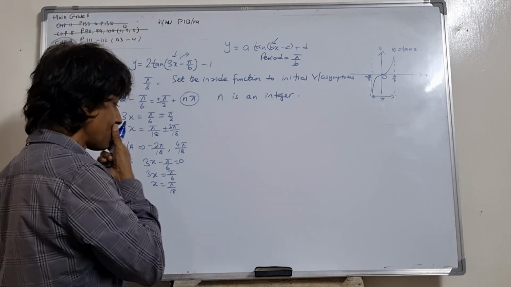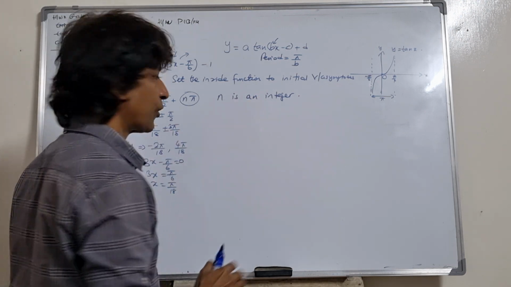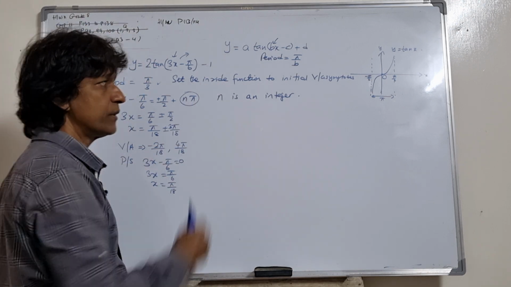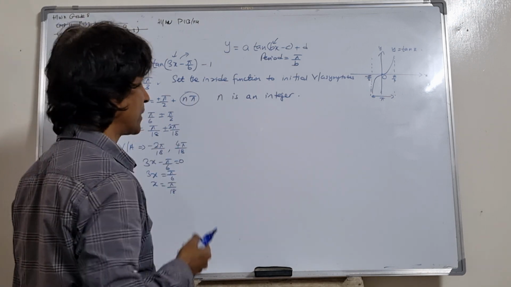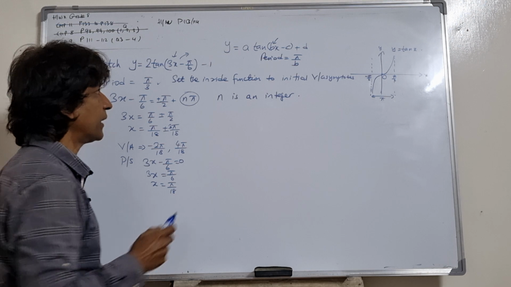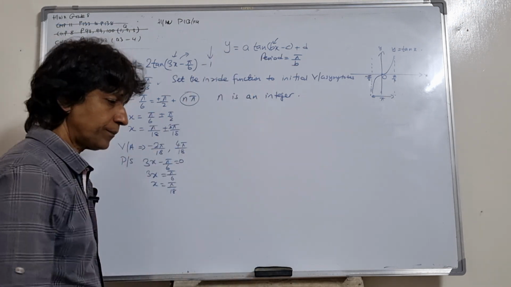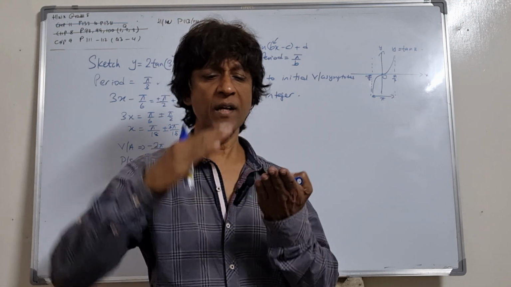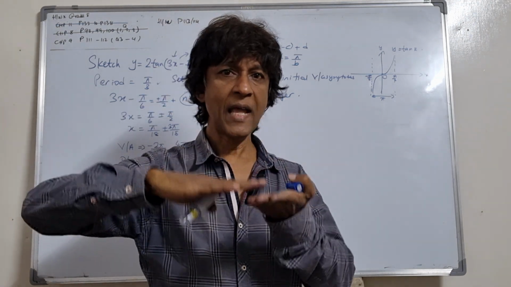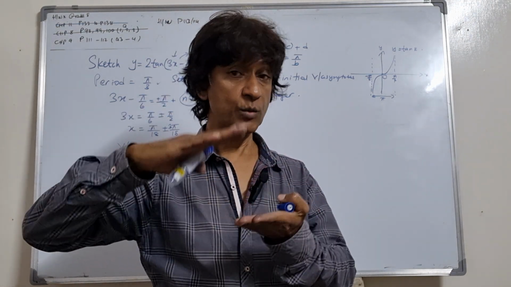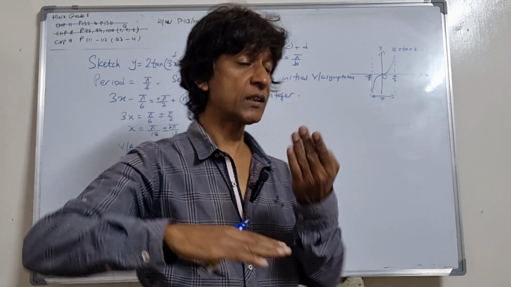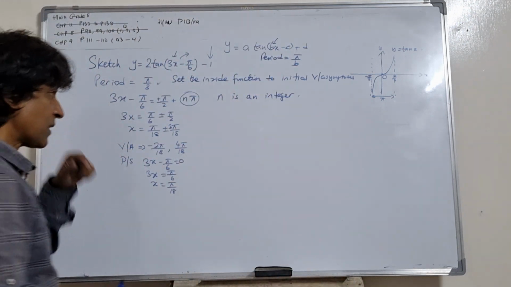So we have enough key points to be able to actually sketch this graph. But let me look at another important thing here. Sorry, we've got a minus 1. That means the graph is going to be shifted down by 1 unit. If it were plus 1, it would have been shifted up. But now it's going to shift down by 1 unit.